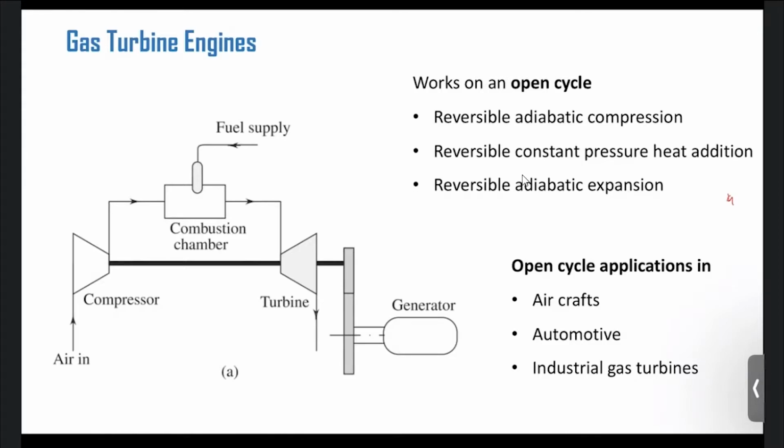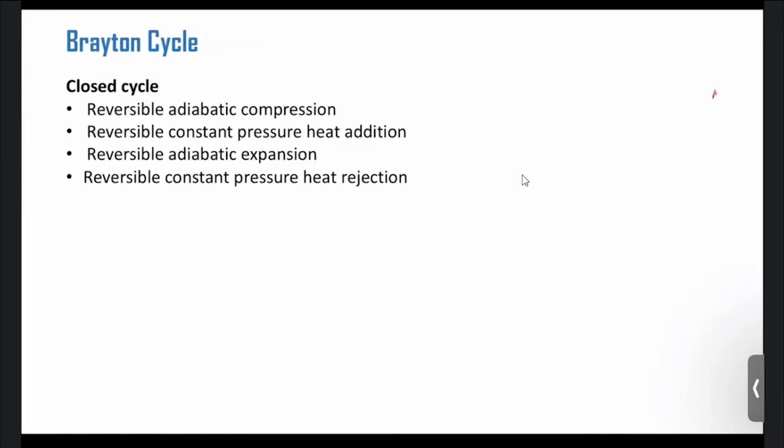With the addition of an extra process at the end, it becomes a closed cycle, that is the Brayton cycle. So basically the Brayton cycle consists of two reversible adiabatic processes and two reversible constant pressure processes.